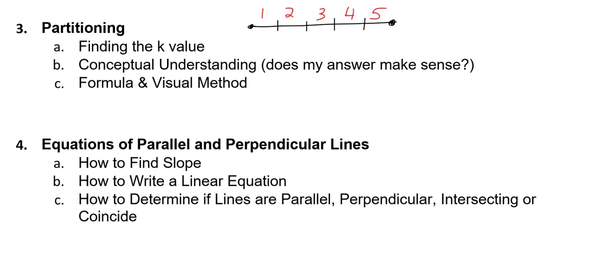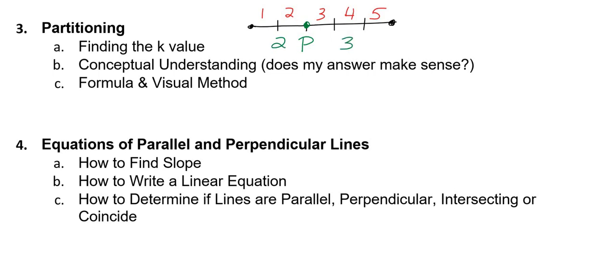When I'm looking for our partitioning point, that means I'm looking for a point somewhere along this line segment where I've already divided evenly. So for example, if I want to put a point here, if this is my partitioning point, I have 2 sections on the left and I have 3 sections on the right.